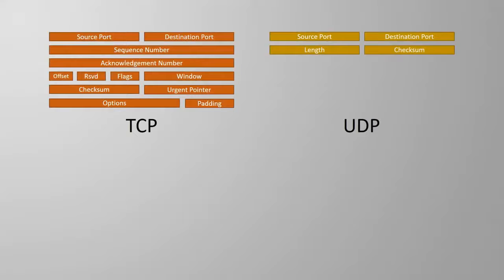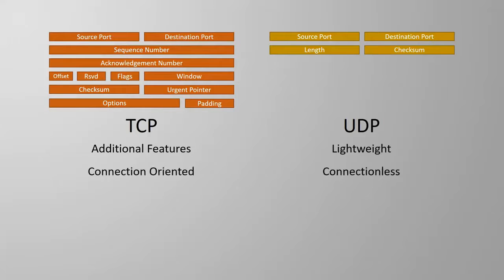Everything we've seen so far has been common to both TCP and UDP, but as you can see from the headers, they're quite different. This is because UDP was designed to be very lightweight, while TCP was designed with a lot of extra features. For example, TCP is connection-oriented, while UDP is connectionless.